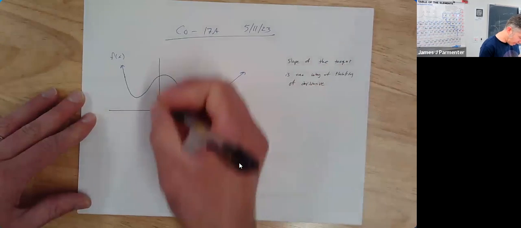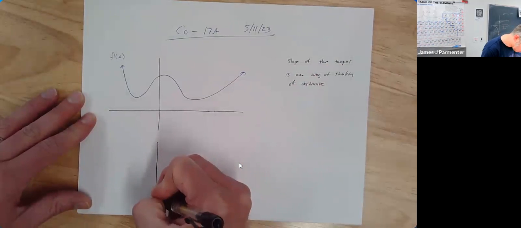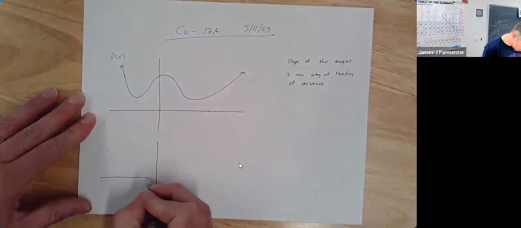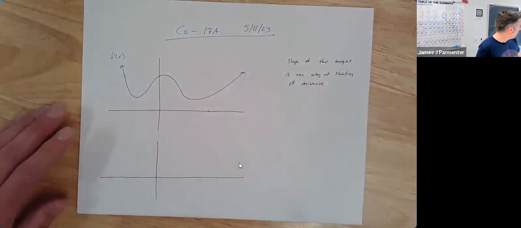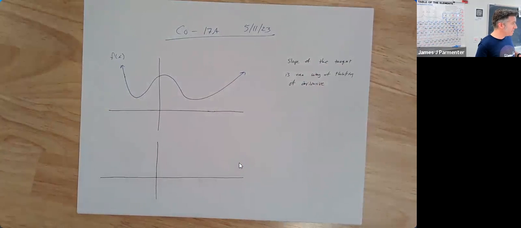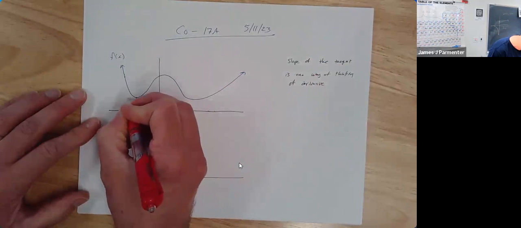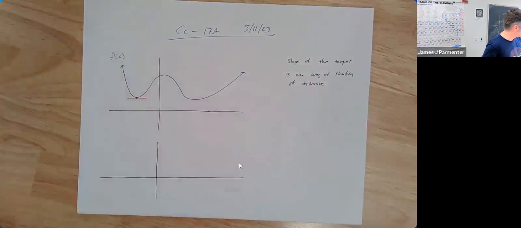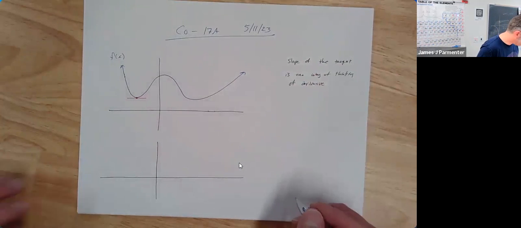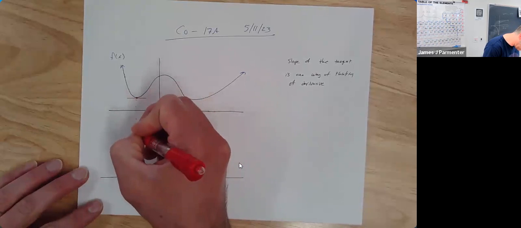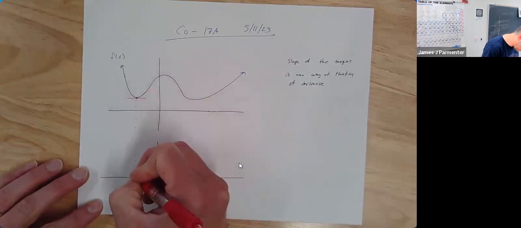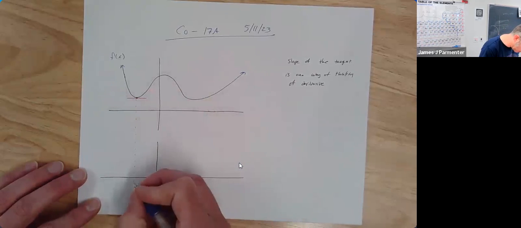What I'm going to do is draw this same XY axis directly below it, so things match up. And I'm first going to identify the peaks and valleys because they're the easiest places to know what's happening. So right here, the tangent line is horizontal, meaning the slope of the tangent line is 0. So when I go down to graph it on the corresponding graph, that's going to have a y value of 0.